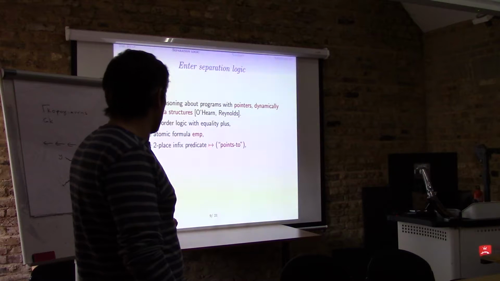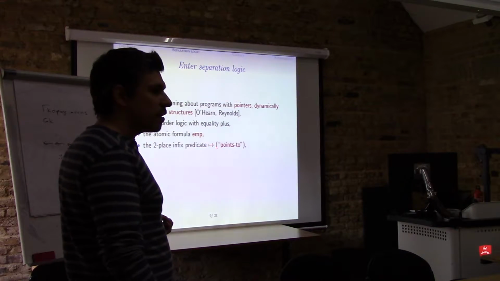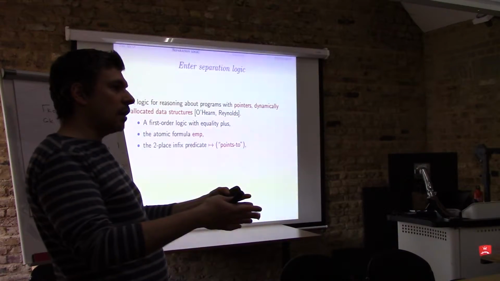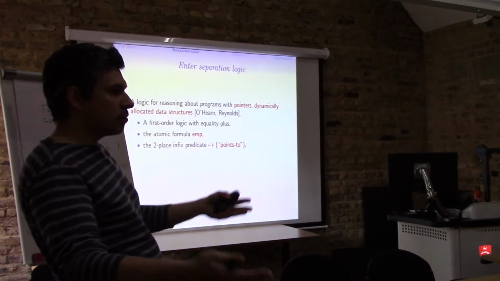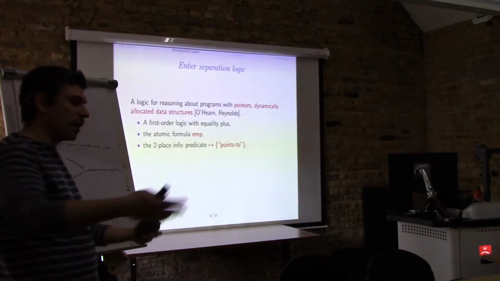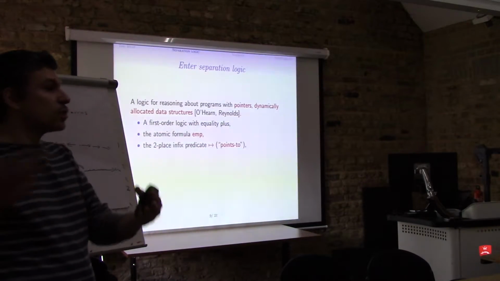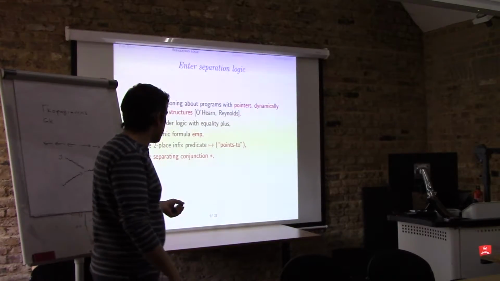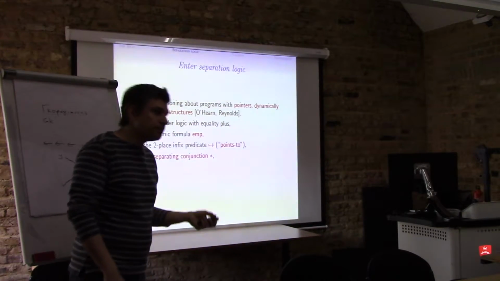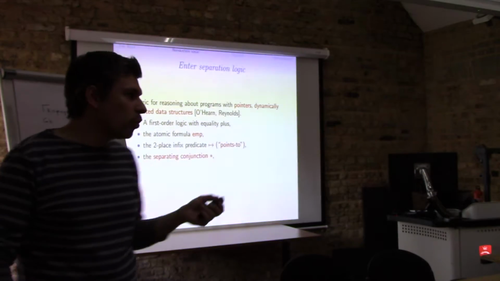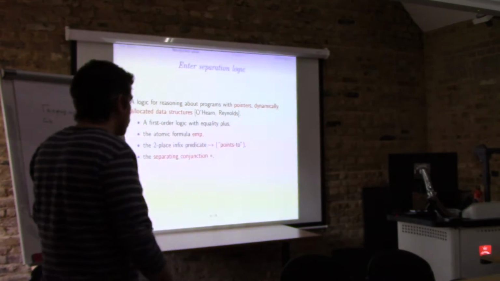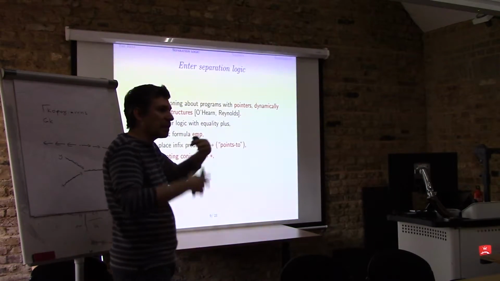Then there is a two-place predicate that simply says this pointer points to an allocated cell in memory whose value is: X points to Y means the value of address X is allocated, and it is Y. The separating conjunction, which I'm going to show in the next slide, is a substructural conjunction, so it's not like a classical conjunction.